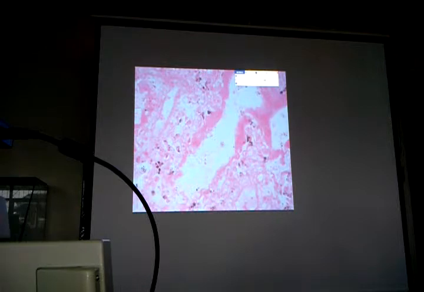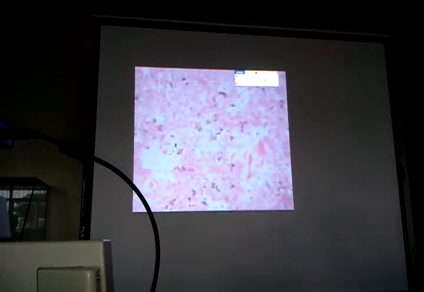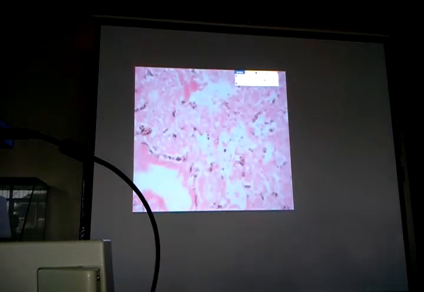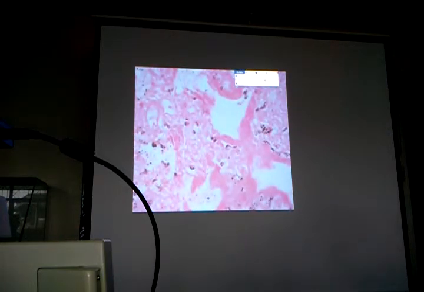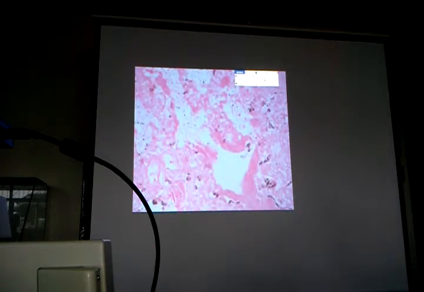Tinawag siyang hyaline membrane disease because of the characteristic microscopic appearance. Okay, the presence of pink hyaline materials lining the alveolar spaces.